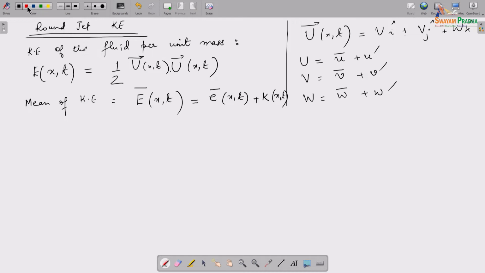So essentially this is the mean component, and this is a turbulent component.